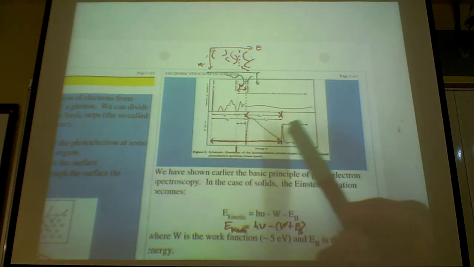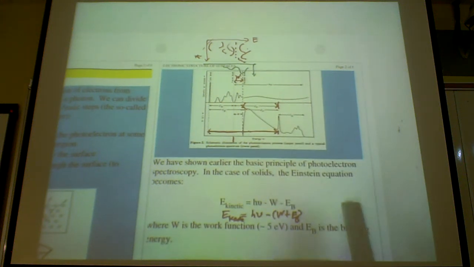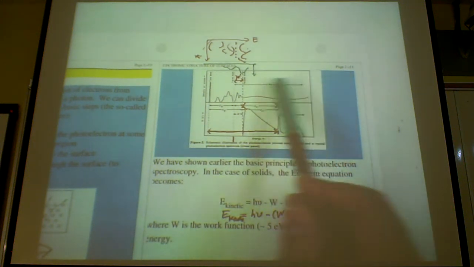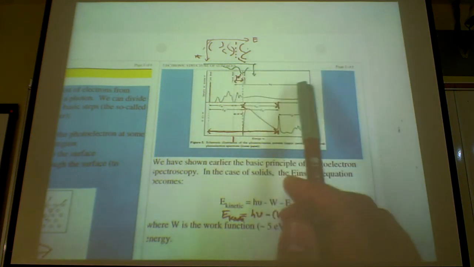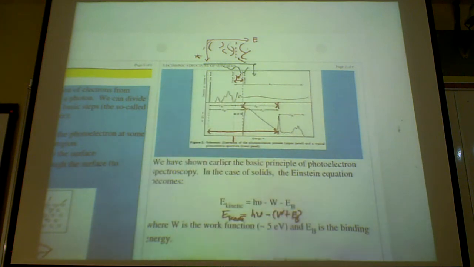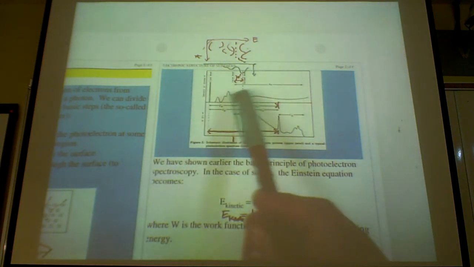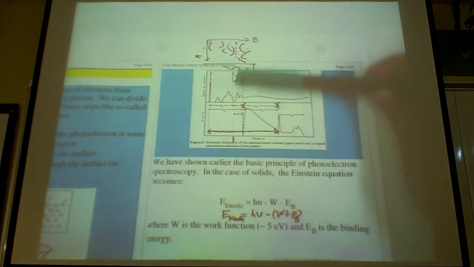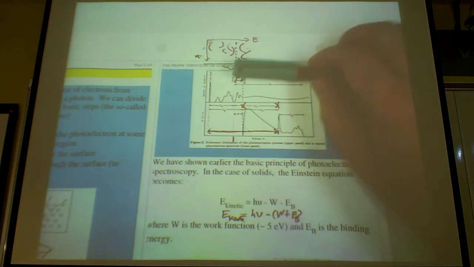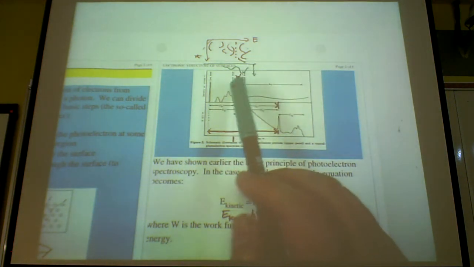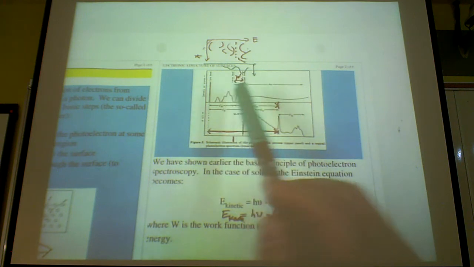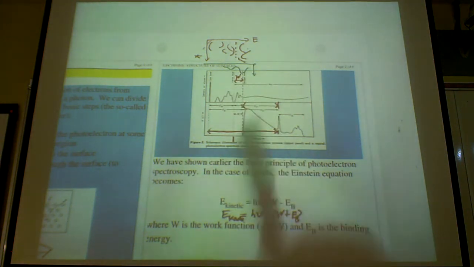So what happens in the photoelectric effect, in the photoemission process, is that as you move this photon around, you think of this as a scan line that you're moving across. You're scanning down into the filled energy states. As you go down into the energy states, you can excite electrons.